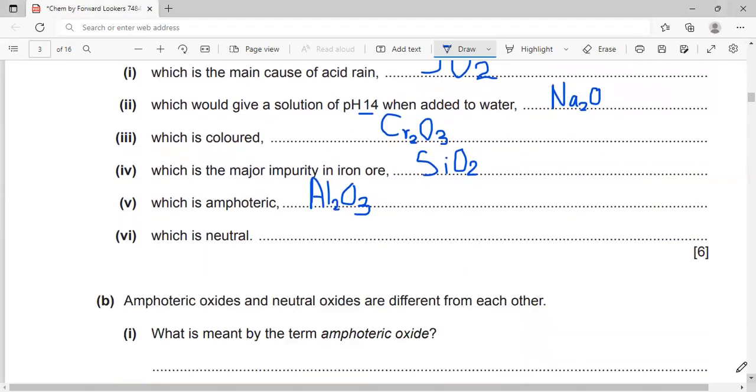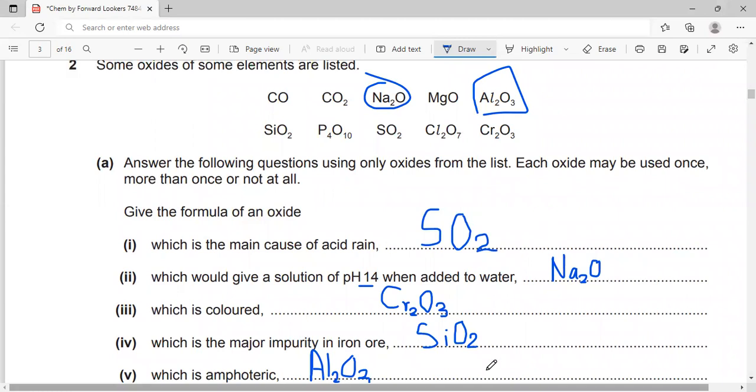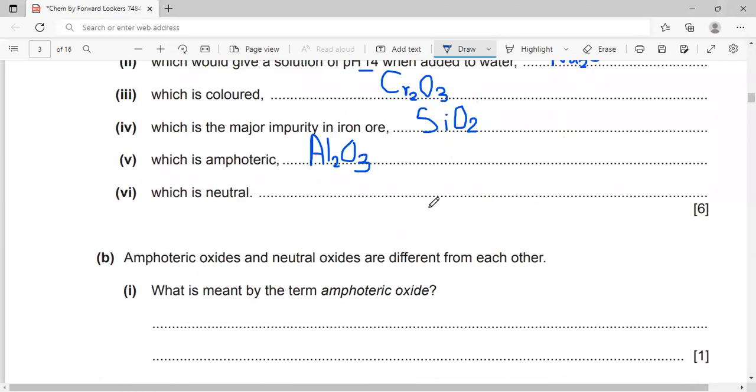Then which one is neutral among those? Carbon monoxide is neutral. So we are going to say CO is our neutral oxide.